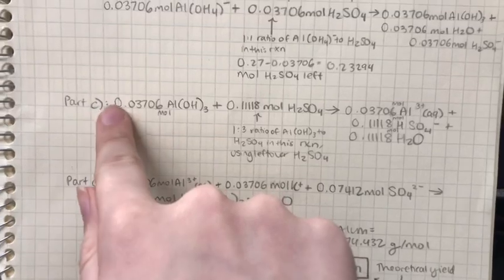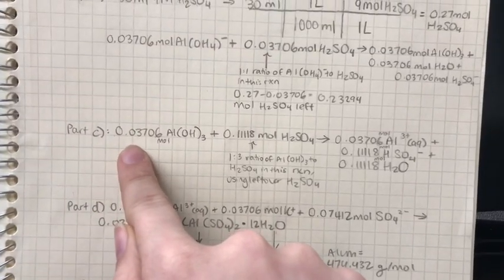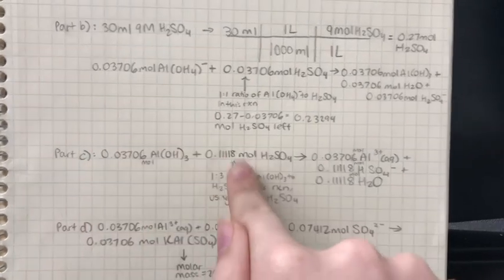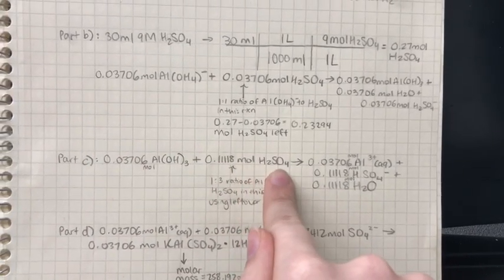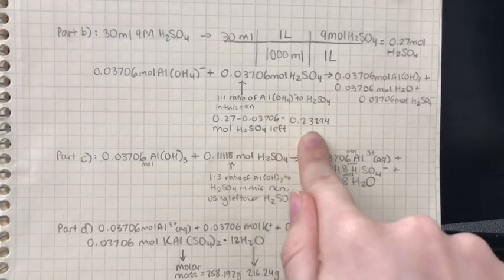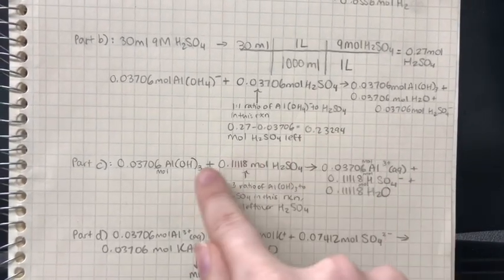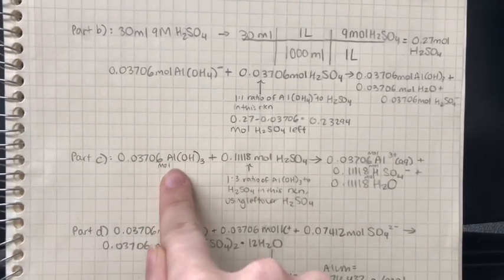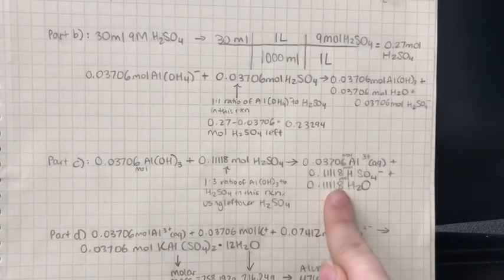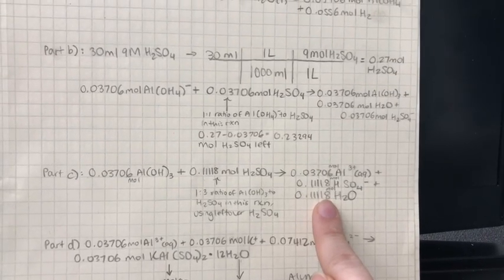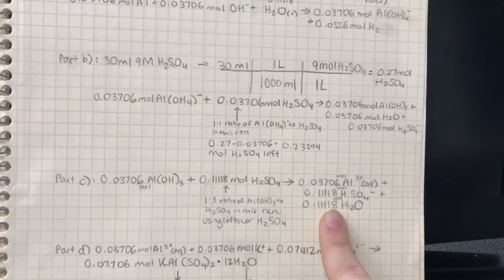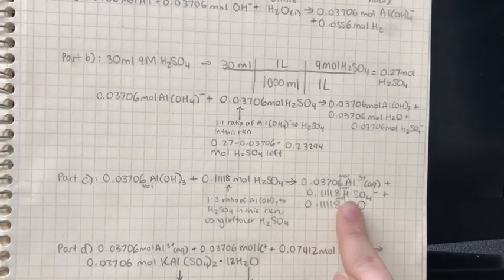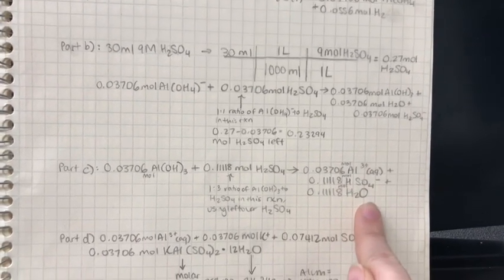In part C, the third reaction, we are reacting this amount of AlOH3 from part B with the remaining amount of sulfuric acid, which from up here, we know we have more than enough left to allow for a 3-to-1 ratio of sulfuric acid to AlOH3. Then we know that we produced 0.03706 moles of aluminum ions, as well as HSO4 minus and H2O.